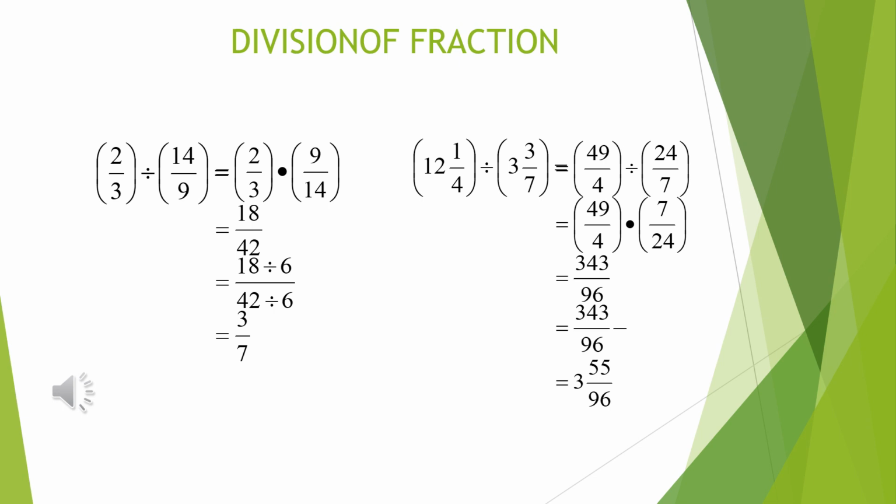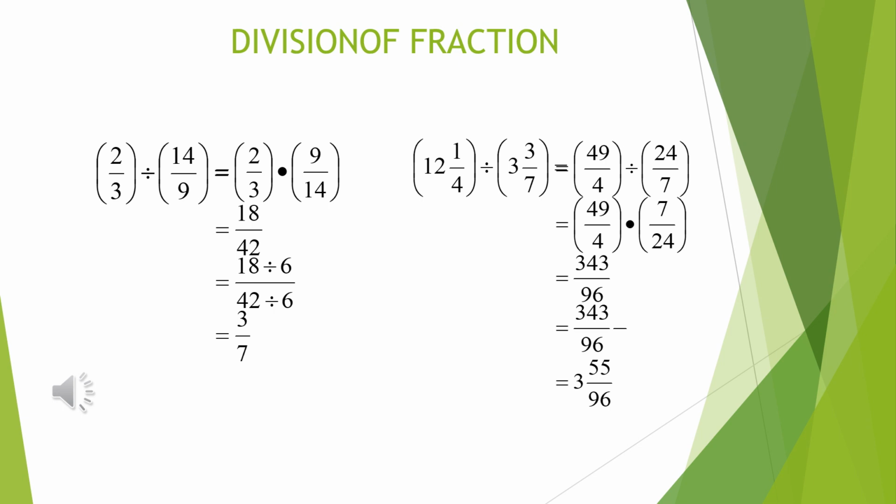Since the operation is division, we are going to invert the divisor and proceed to the process of multiplication. 24 over 7 will become 7 over 24, and the operation division will no longer be division, it will be multiplication. Now we are already in the process of multiplication.